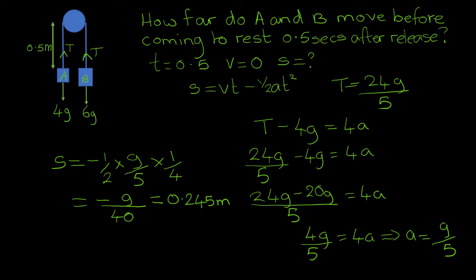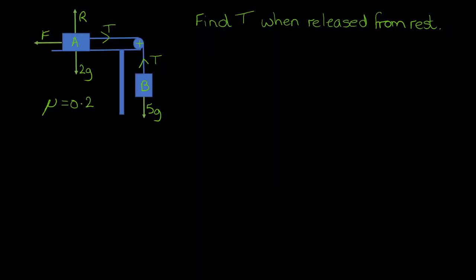In this diagram we've got a peg resting on the end of a table here, and we've got two particles again attached across that peg. And we need to find T, the tension in the string between these two particles when they're released from rest.